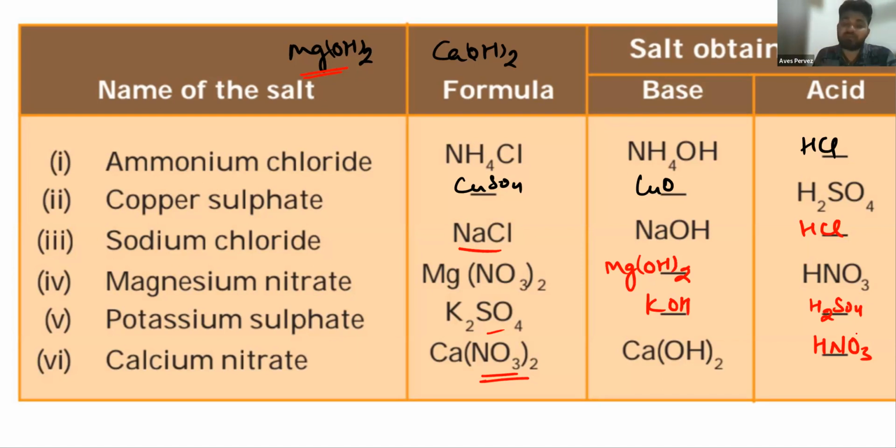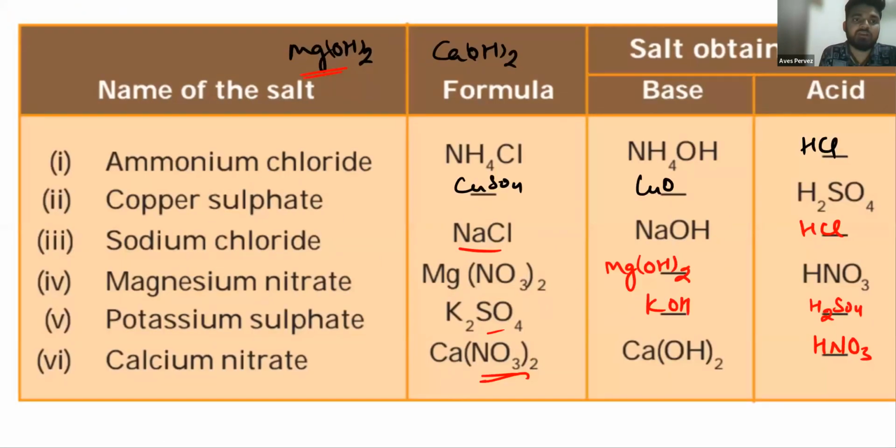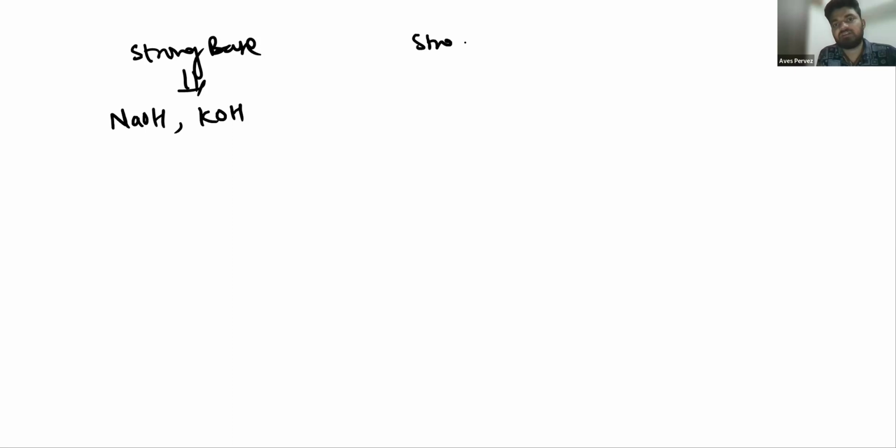The strong bases are NaOH and KOH. The 3 strong acids are HCl, HNO3, and H2SO4.